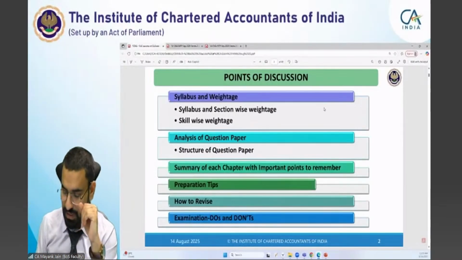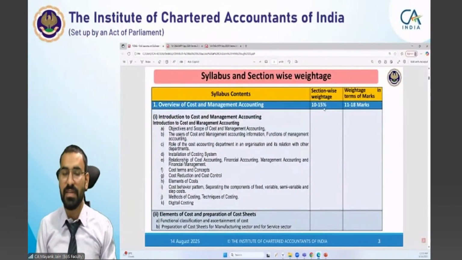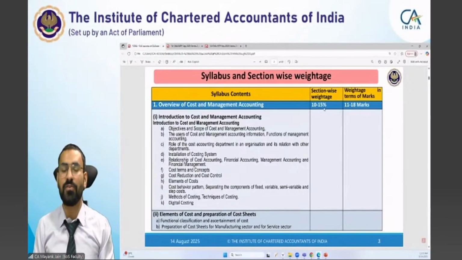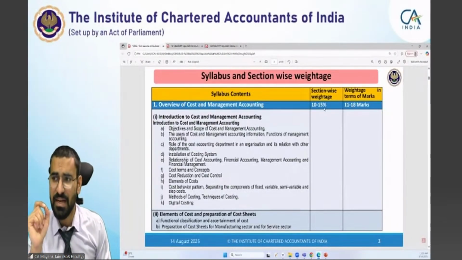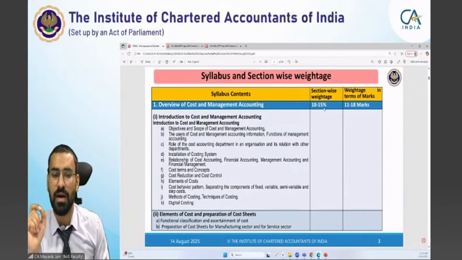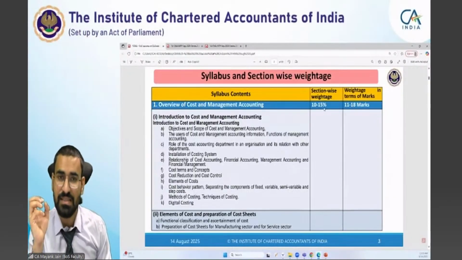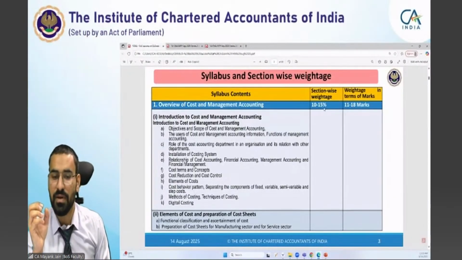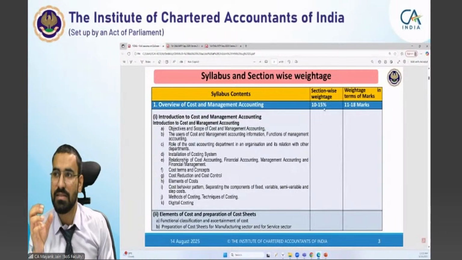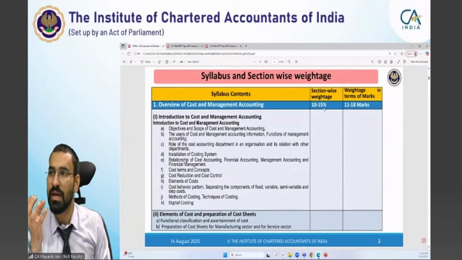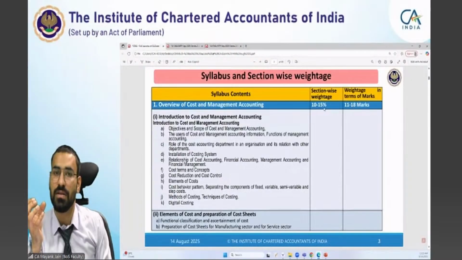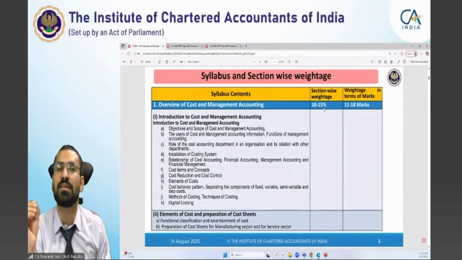Now we'll cover the syllabus-wise or section-wise weightage. The first part, the overview of cost and management accounting, covers the introduction part and the cost sheet. The introduction part covers only the theoretical part, and the cost sheet is one of the most important chapters of this subject, since it will help you to prepare a cost sheet or analyze the various costs for both the manufacturing and the service sector.